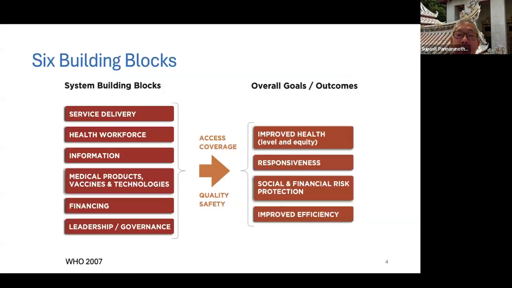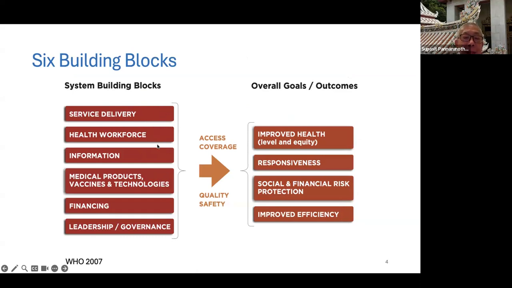This just reminds you that the sixth building block is one of the essential six elements to think of for the health system, service delivery, as the insurance model will define what service delivery is covered.